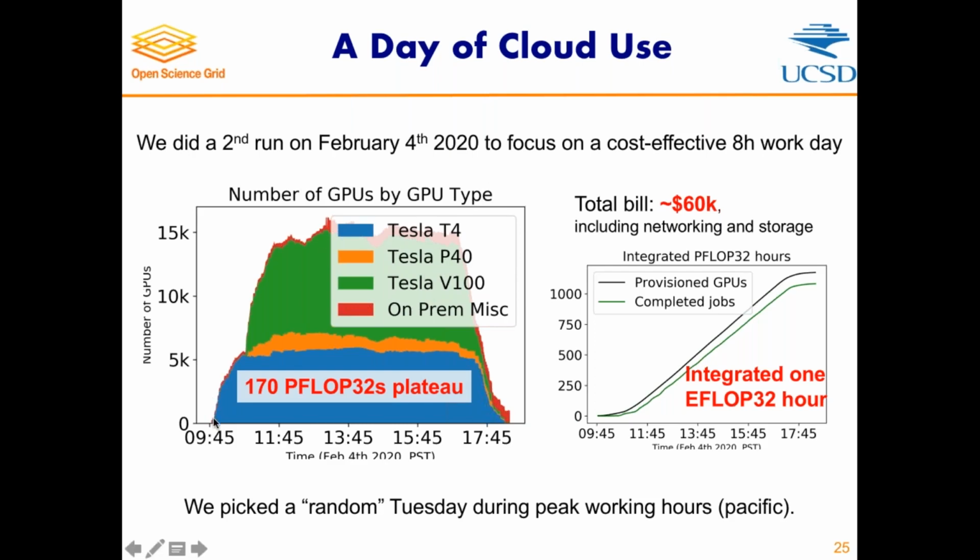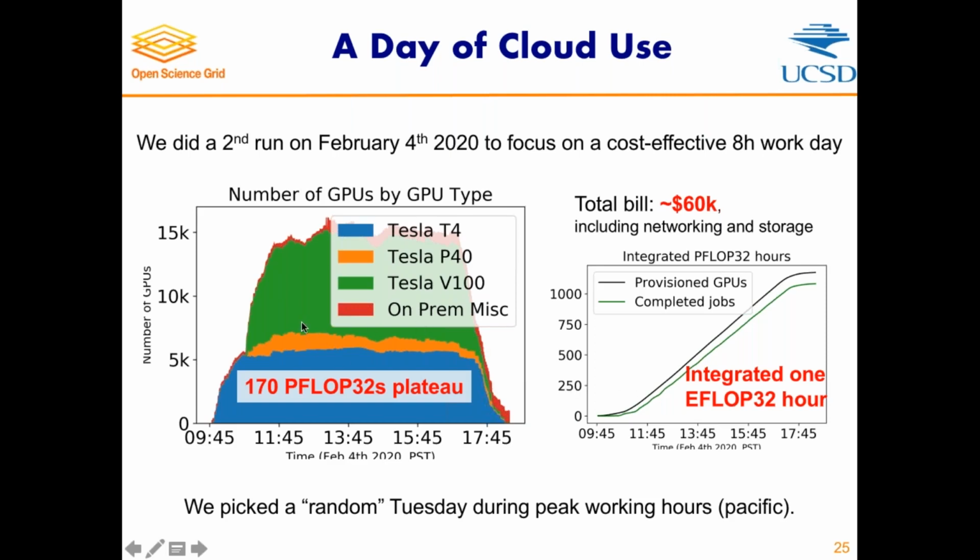And then we said, okay, fine, let's see how much can we get. As you can see, we started with the T4s and first maxed out, bought everything T4s the world had to offer because that was the most cost effective. Then we threw in the P40s and the V100s in order to just get the maximum scale with what money can buy.